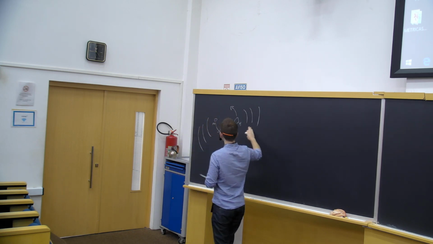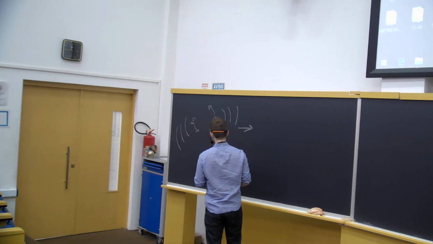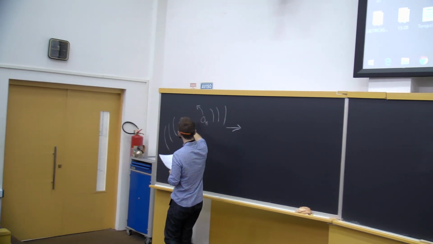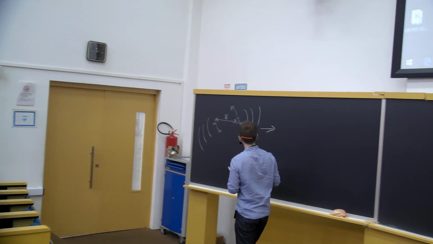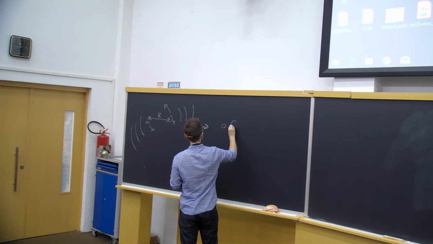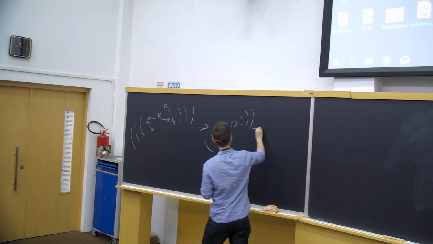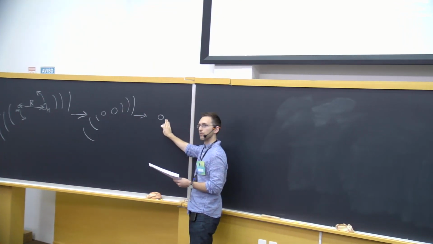The gravitational waves carry off energy and angular momentum, so the whole orbit shrinks. So say this is a separation, capital R. That separation is going to shrink with time. So the two objects get closer together, and eventually merge into a single object.